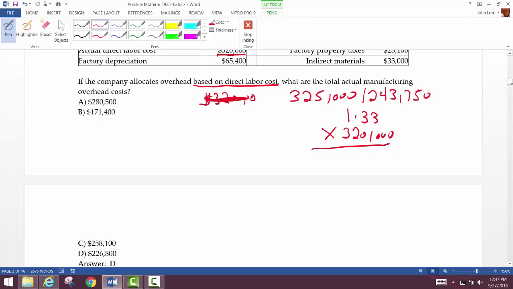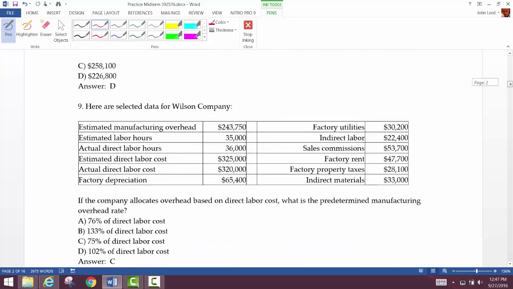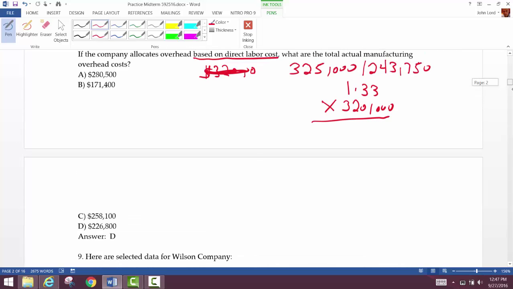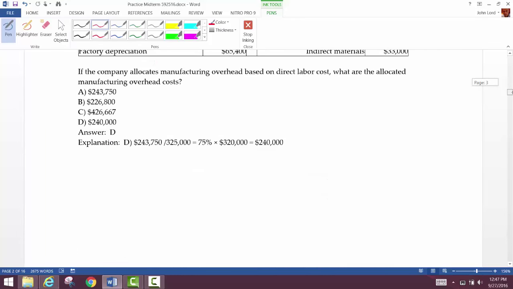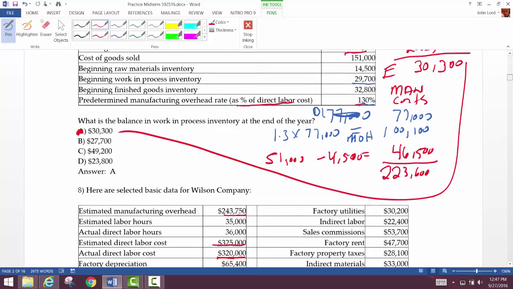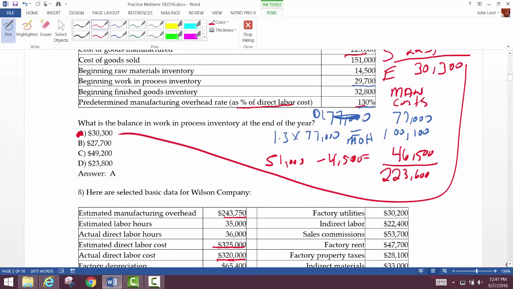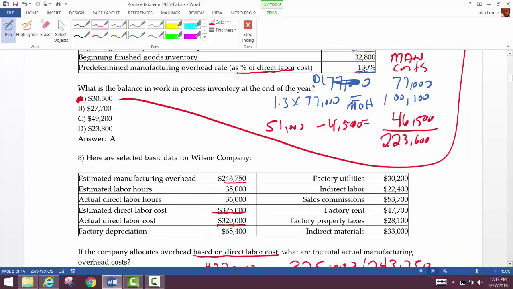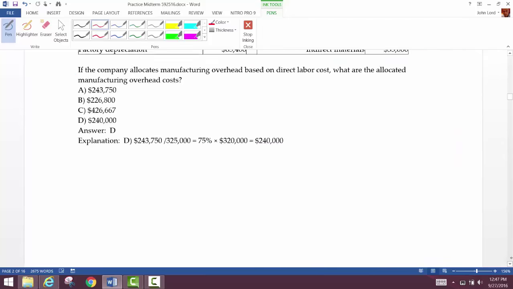What would we do wrong here? Oh, I know what I did wrong. I think it was supposed to be 0.75 here, wasn't it? Yeah. Actually, I should have put this question before that one. I got my numbers crossed there.